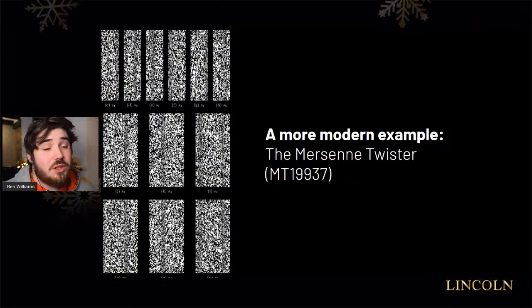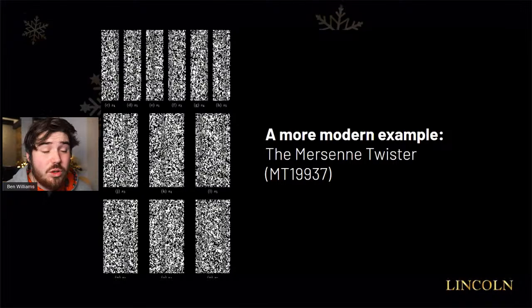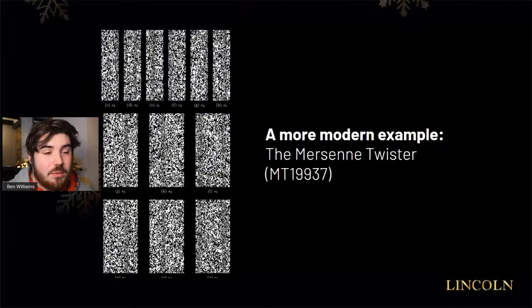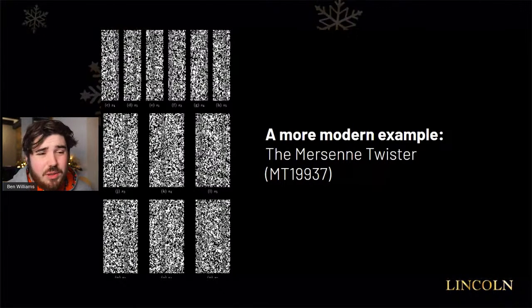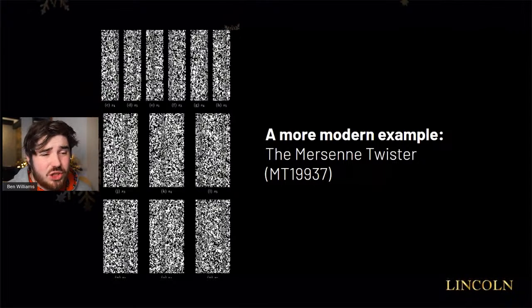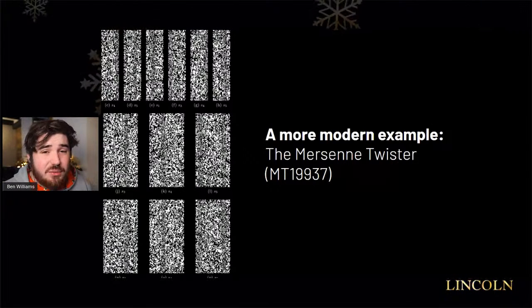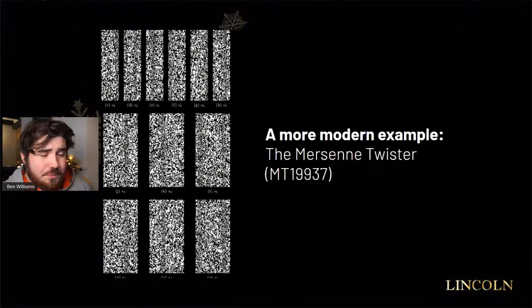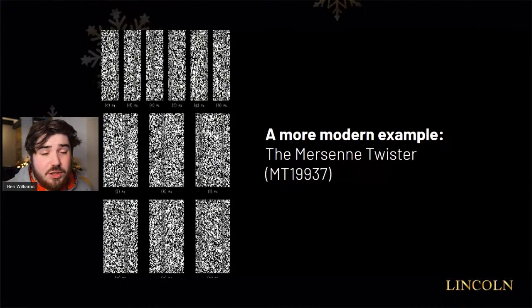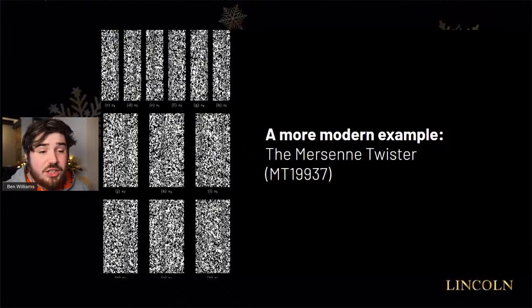Here's a more modern example. One of the most popular ways of generating random numbers, and in fact, if you've generated random numbers in things like C++ or C#, this is the default way. The one I introduced before was a linear congruential generator.